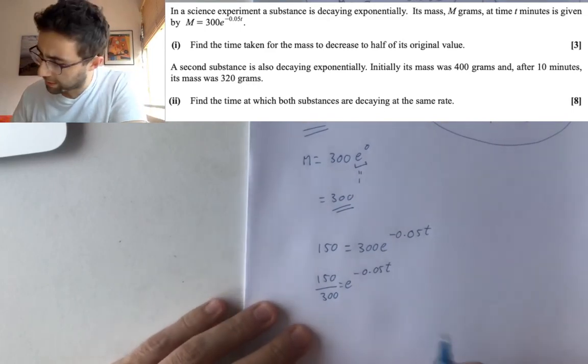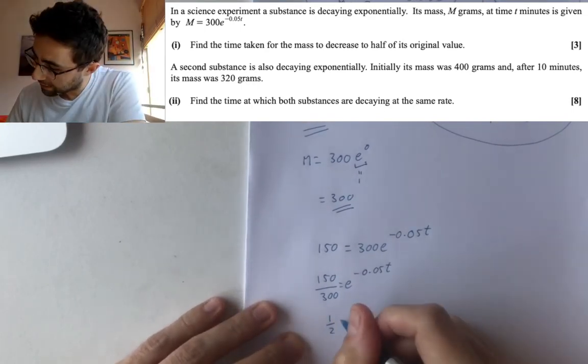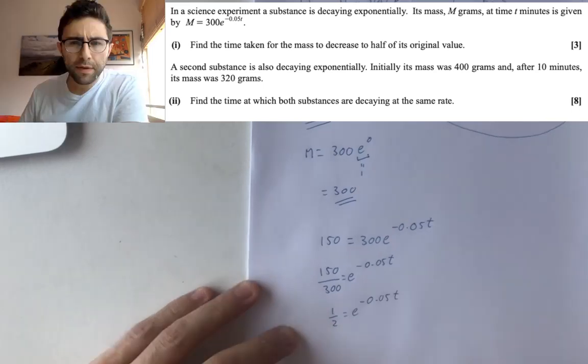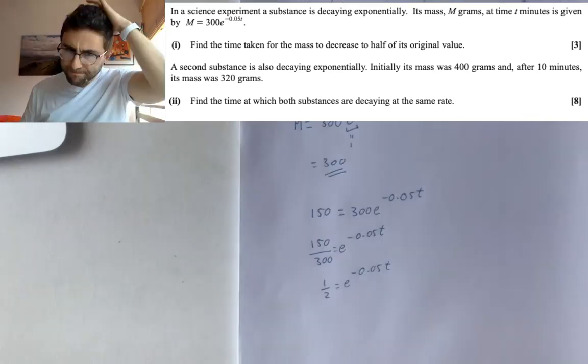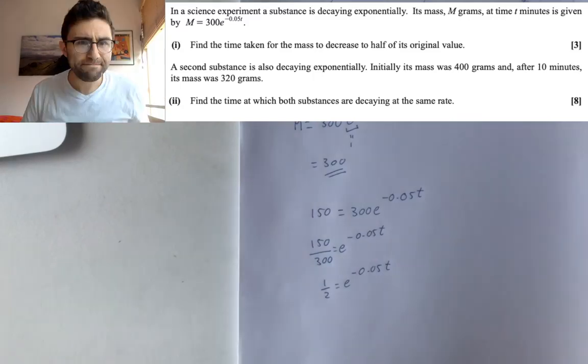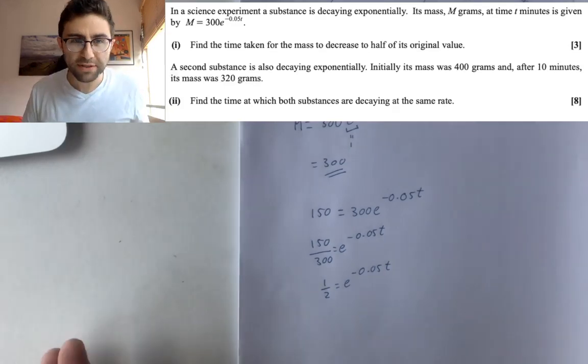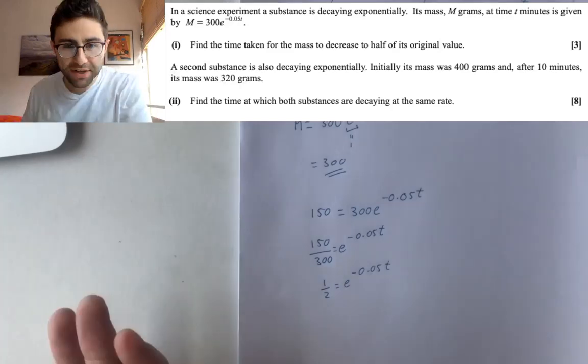So that's a half equals e to the minus 0.05t. Now, how are your log skills? Have you done them? Did you do them in AS level? Have you forgotten them since then? Did the schools get cancelled this year so you didn't get a chance to revise them?